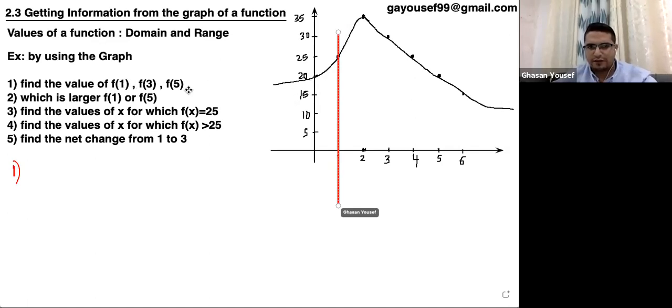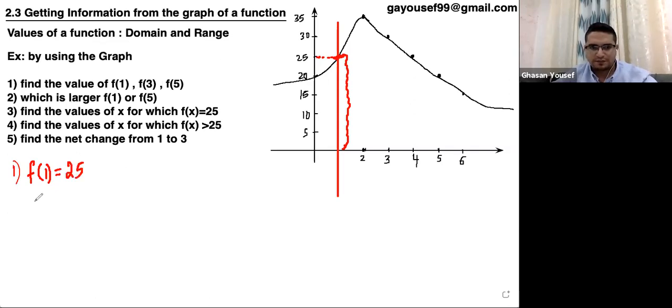So what's the value of f of 1? The value of f of 1 is the height from the x-axis until where the line intersects the curve. So the height is 25. So for f of 1, the value is 25.